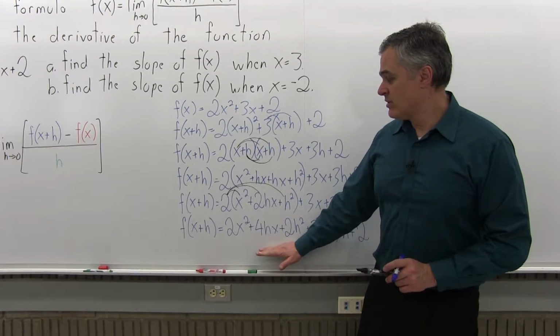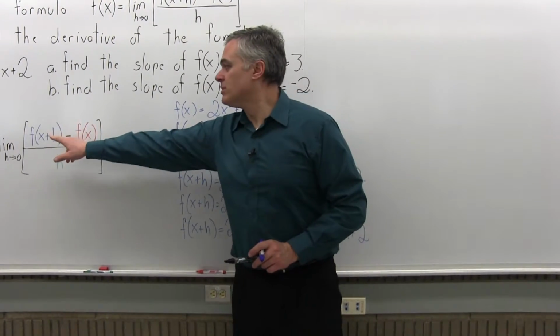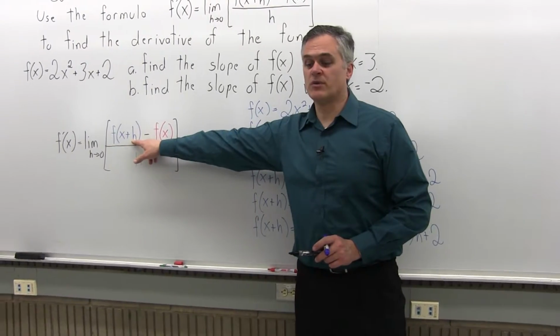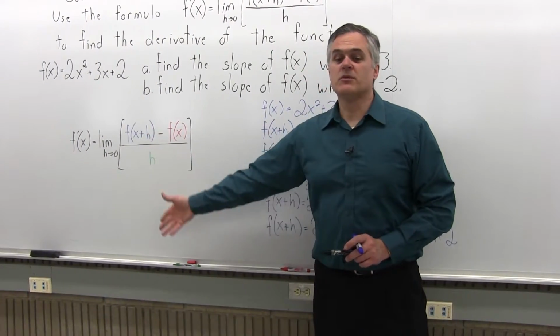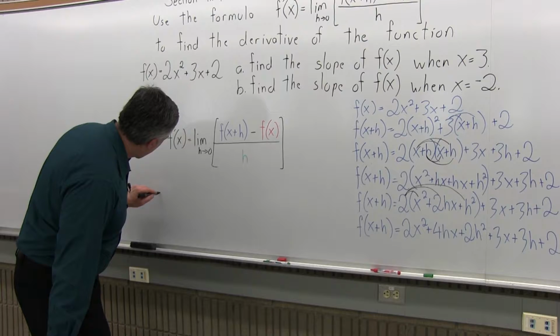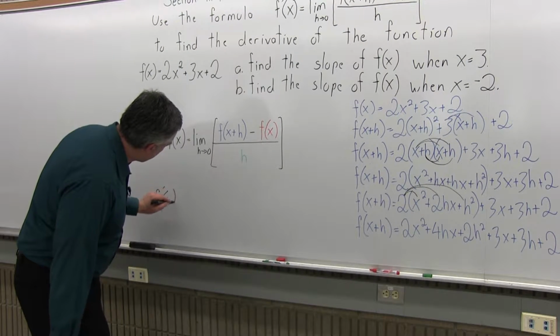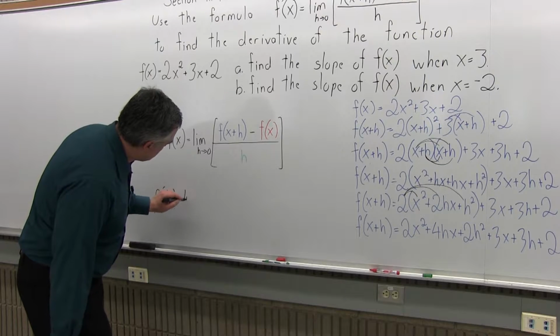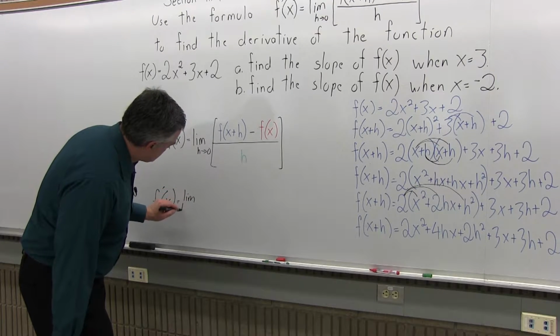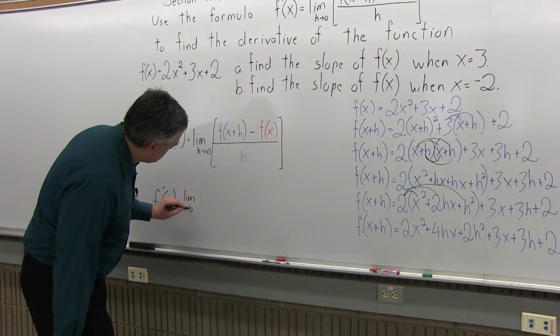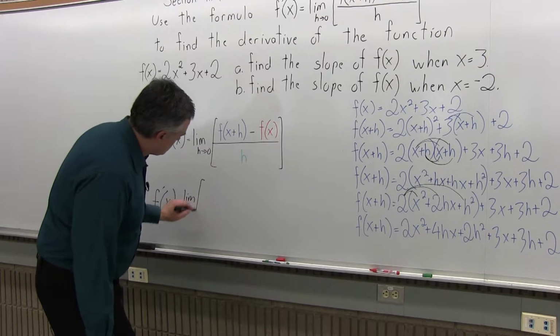All that work in blue can get plugged in for the blue part of my difference quotient formula. And the red part and the green part will be much easier. F prime of x equals the limit as h approaches 0 of.